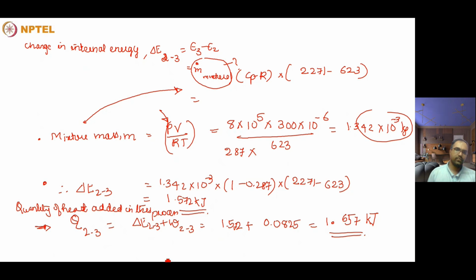This is the value which we have calculated based on the diagram as well as the actual pressure and temperature. But from the calorific value of the fuel, we would actually get the input value of heat that would have been given to the system had there been no losses.